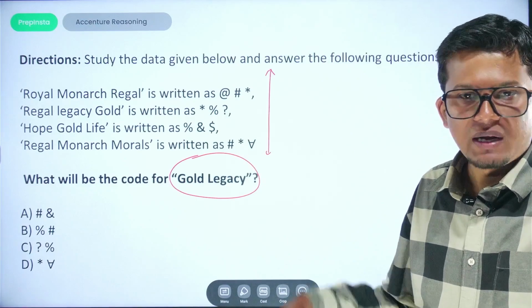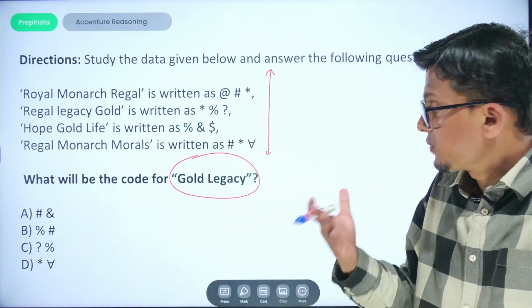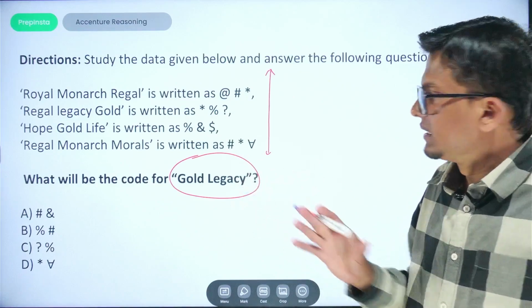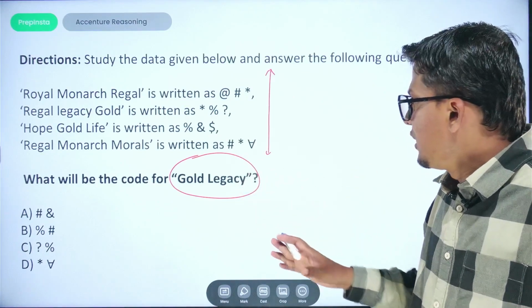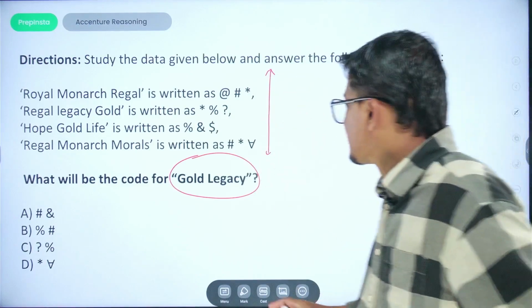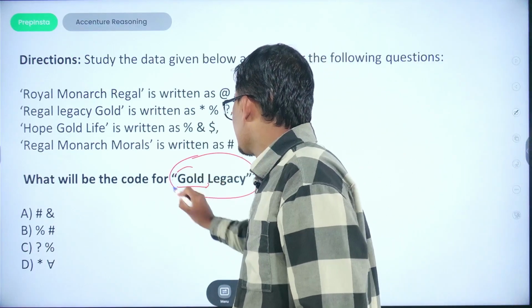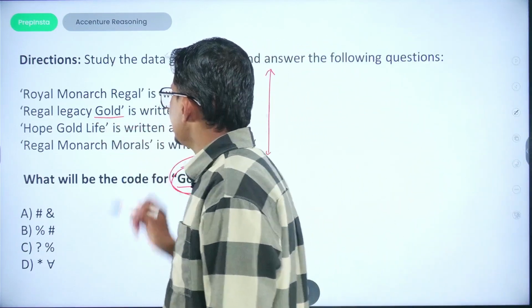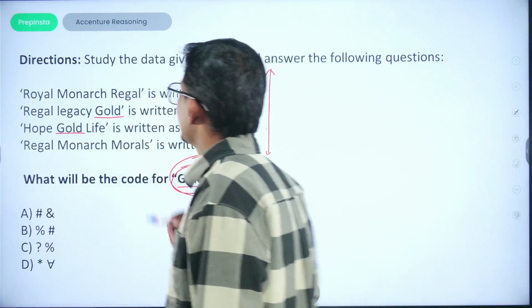So if we have to find the code, what we have to use is the repetition of the given letters. There would definitely be repetition. On the basis of that, we have to find the given codes. So first of all, we have a word that is gold here. Gold is being used in the second sentence and the third sentence, right?